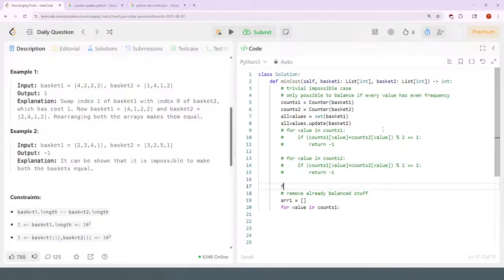Okay, for all values, for every value in all values, if the counts, actually now it doesn't necessarily include that value.